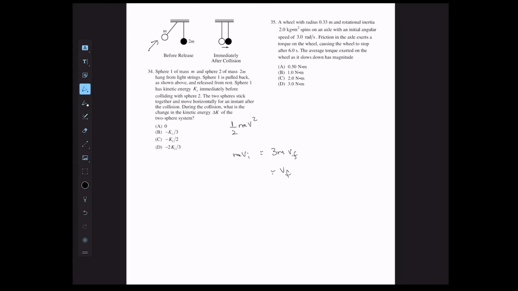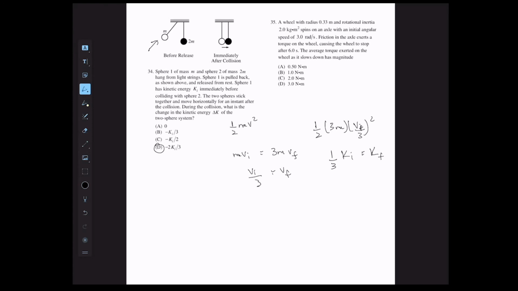So vf is equal to initial velocity over 3. So its final mass is 3m, and the final velocity is v initial over 3. So it's 1/3 of K initial is K final. So negative 2/3 is the change in kinetic energy.